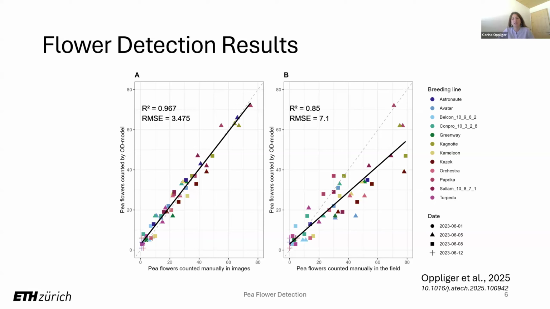We have seen that the model detects these pea flowers in the images with very high accuracy. Also compared to the flowers in the field, a lot are still detected, but some were not due to occlusion by other plant parts, but it was still very high.